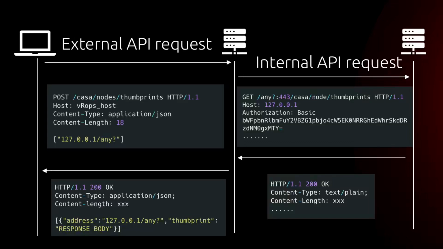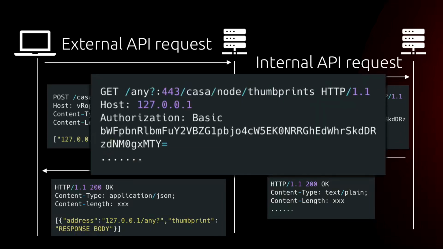Every time the vulnerable API method was called, the application sent an HTTP request with basic authentication in the header. As for credentials, the maintenance administrator user was used. It's a super user in this application. So there was only one set of credentials for each internal HTTP request.